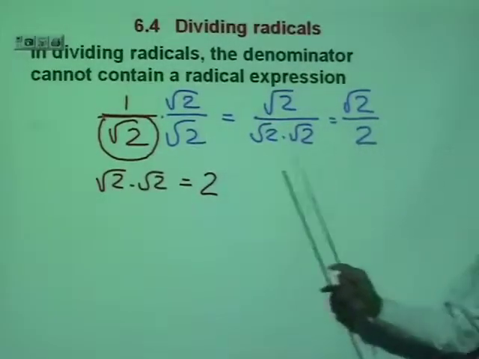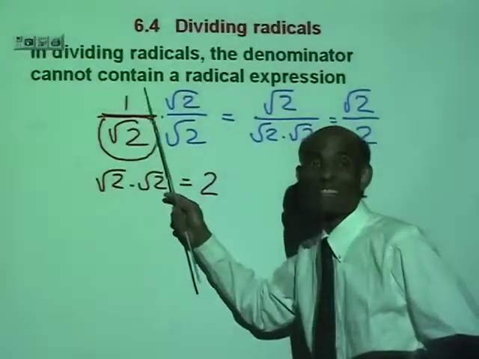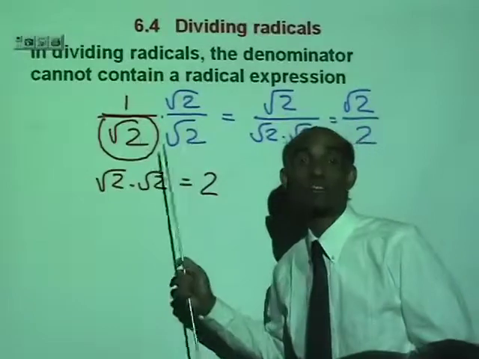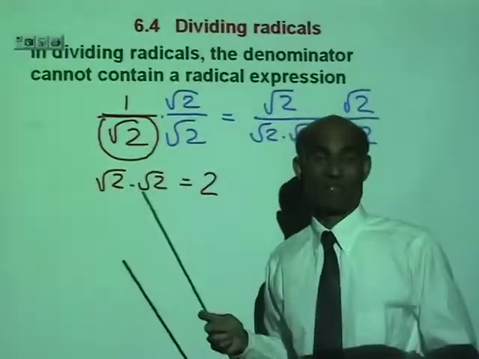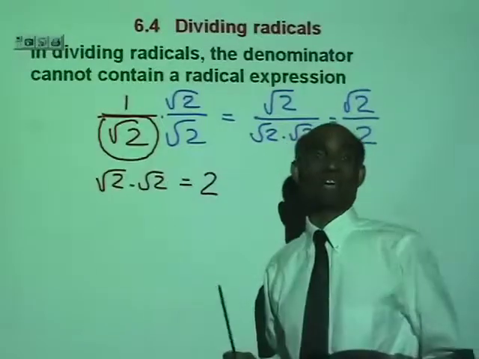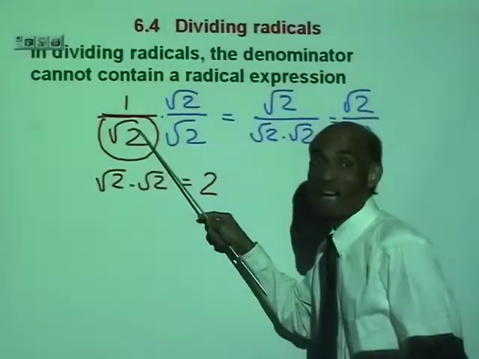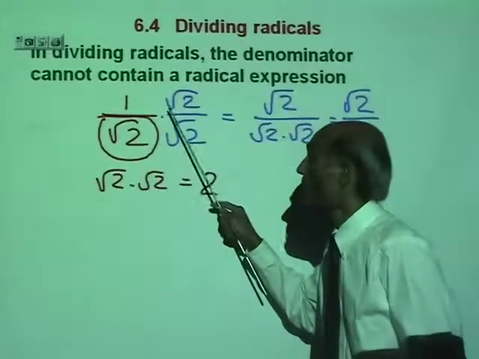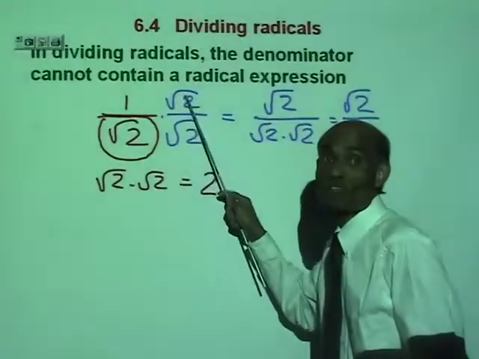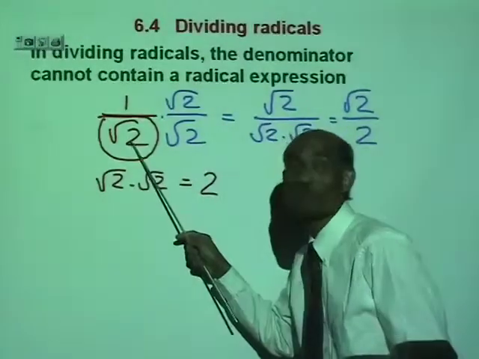That means 1 over square root 2 is not an acceptable form of answer in mathematics because the denominator cannot contain a radical. So 1 over square root 2 has to be written by multiplying the numerator and the denominator by square root 2.